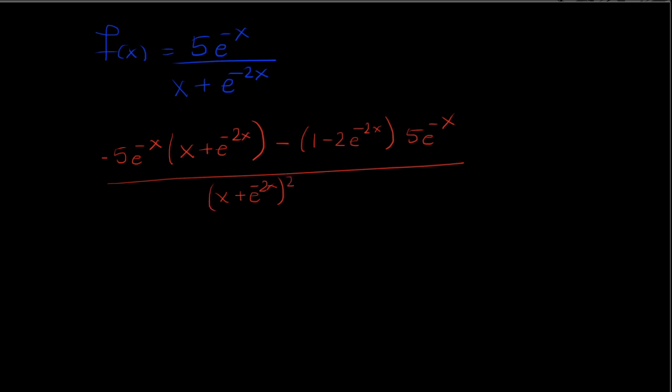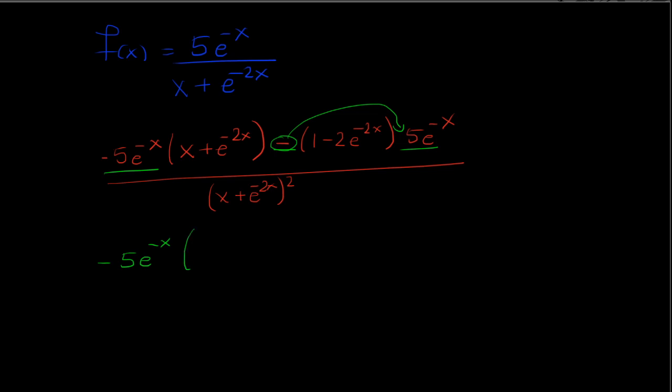Next thing to notice is that they both have a factor of negative 5e to the negative x. So this negative here, think of it as multiplying the 5e to the negative x. So we're going to pull that out.